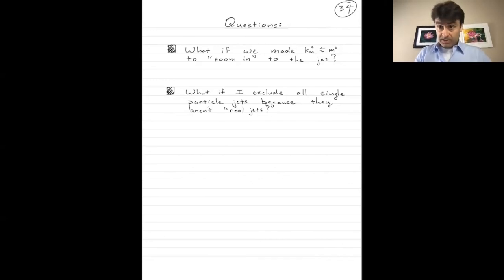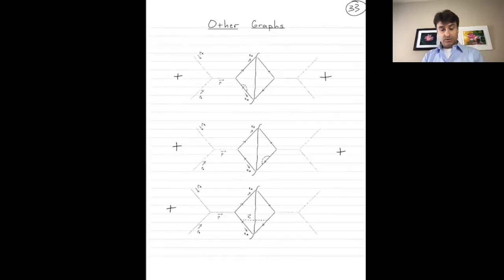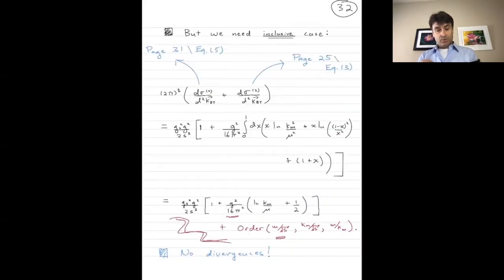Just one particle by itself is not a spray of stuff. So if I want to characterize final states as being an actual spray of particles, why don't I exclude the case where there's only one particle in the jet? What that would amount to doing is disposing of this graph, the 2 to 2 graphs. That means there's only one particle in each of the jets.